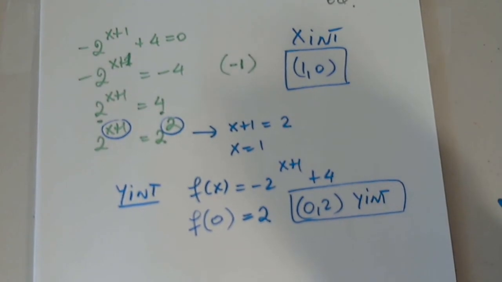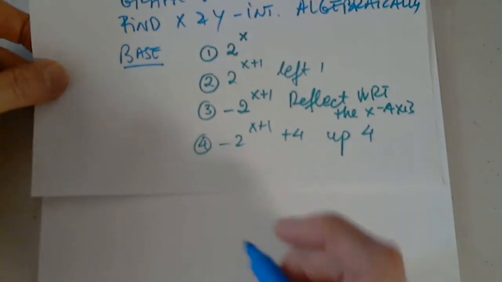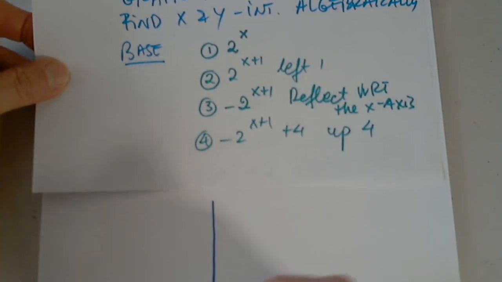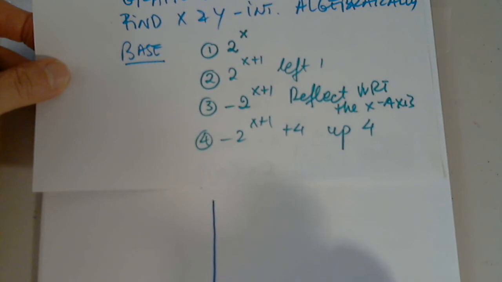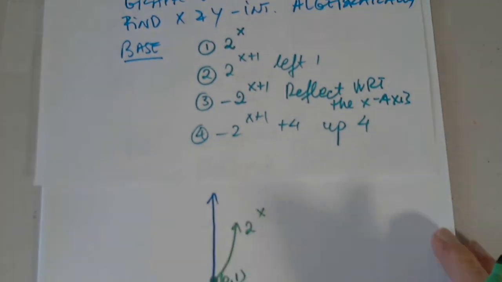Okay. So coming back, we determined them algebraically. We have them now. But now I want to graph the function. And I will graph everything. When I graph 2 to the x, I know it's an increasing function. And it has to cross at (0, 1). This is carved in stone.